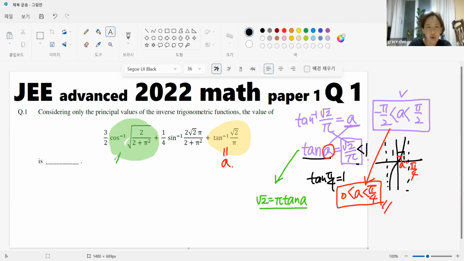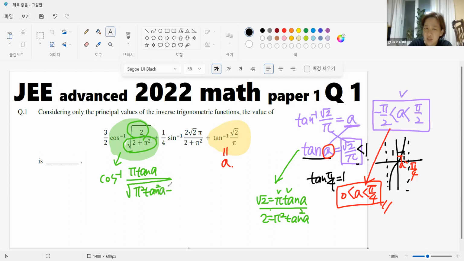So the green one, we can say cosine inverse. Instead of square root 2, I just substitute pi tangent A. And then the denominator is this. As you see, square root 2 squared, just a perfect square: pi squared tangent A squared plus pi squared.